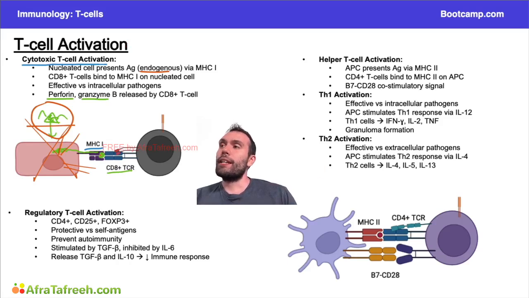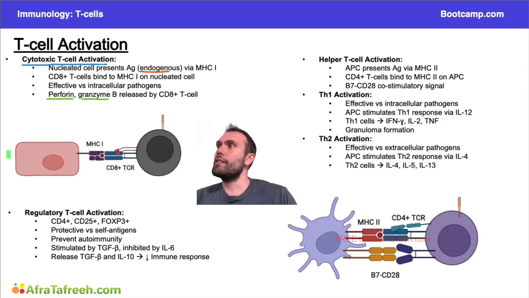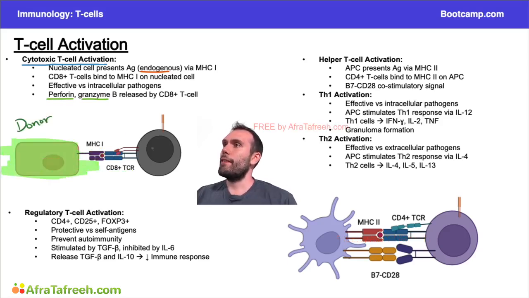And so what's going to happen is if you put a graft in another patient and they have different MHC1 receptors or different HLA variants, and the person that received the graft has CD8 positive T cells, those could attack the grafted cells. So you can imagine, let's say that this cell came from the donor, and this CD8 positive T cell was from the host.